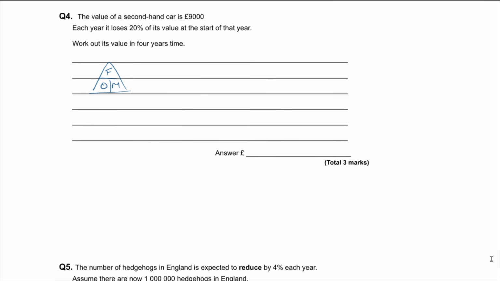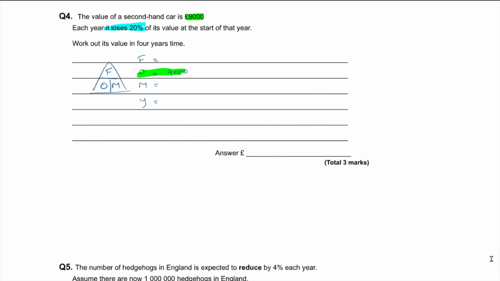So let's work out what we've got here. The value of a second-hand car is £9,000. Final, original, multiplier, years. What have we got here then? So that 9,000, that is the original, isn't it? So that goes there. Each year it loses 20% of its value.